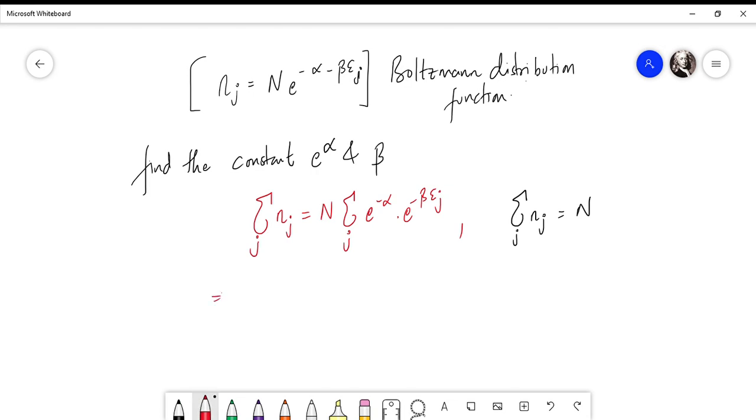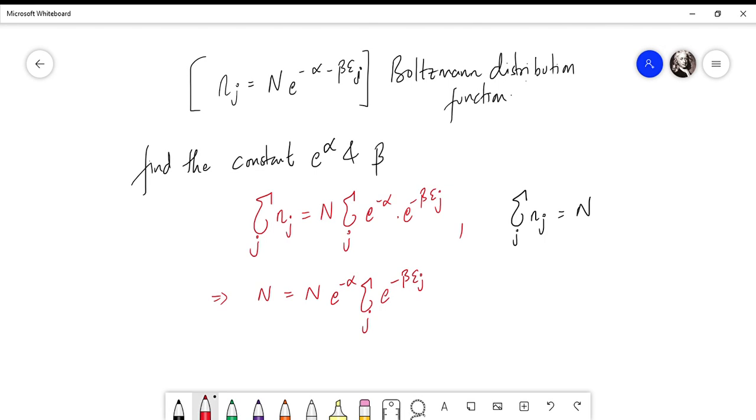So this basically becomes N equals N times e to the minus alpha, which does not have any j dependence, so I can just take it outside, times the summation of e to the minus beta Ej, right?